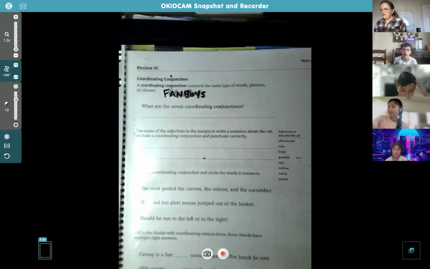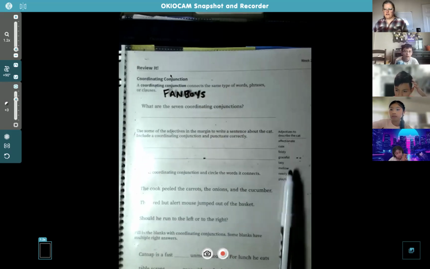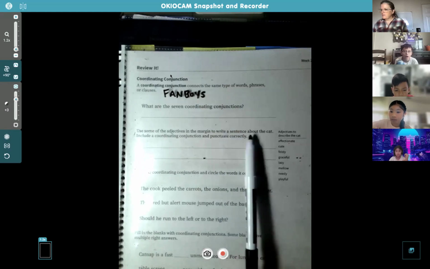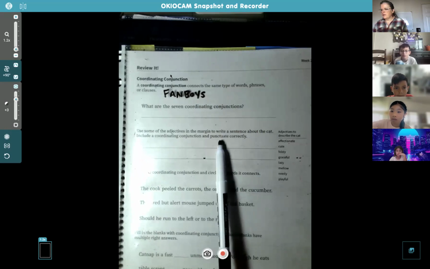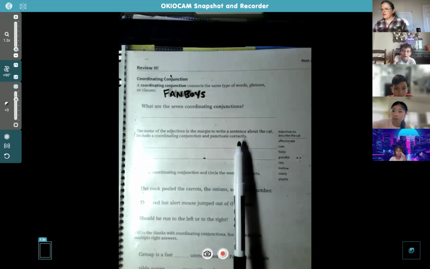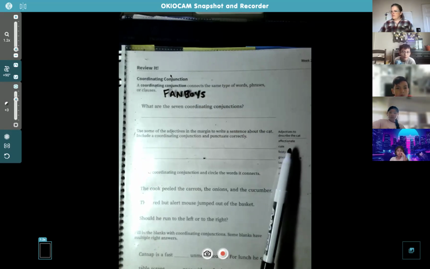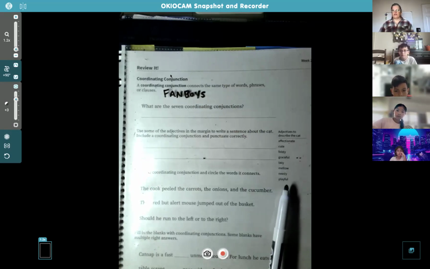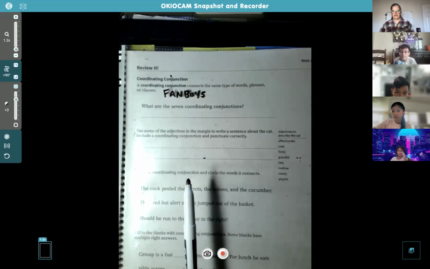We got those. And then it says use some of the adjectives in the margin right here. You see this list over here? To write a sentence about the cat. Include a coordinating conjunction and punctuate correctly. So you're going to use one of the fanboy words, and you can use a couple of these words here, 2 or 3 of them. And you make up a sentence about the cat. Okay?